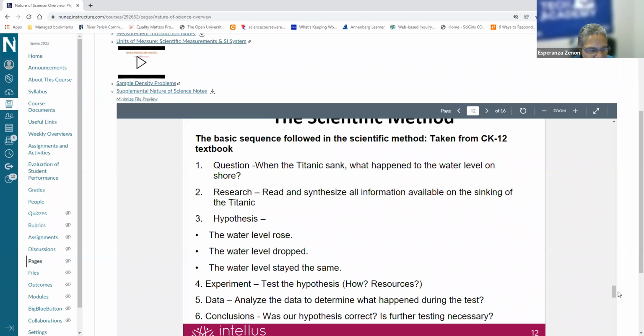Garbage in, garbage out. And then also the experiment that you do will be influenced by the resources that you have available. I mean, if you have unlimited funding, for example, you might commission the building of a boat that replicates the Titanic. And then you wait and watch the North Atlantic until the conditions mimic those that were present when the Titanic sank.